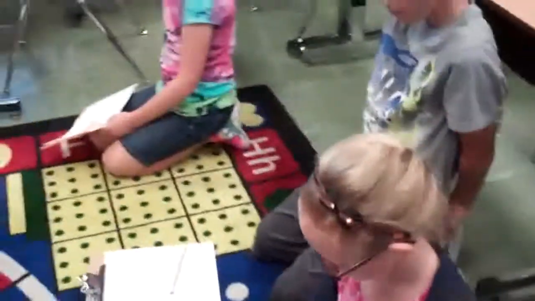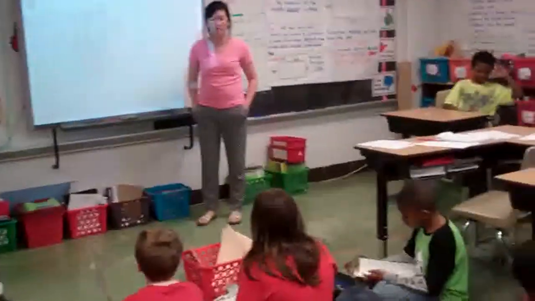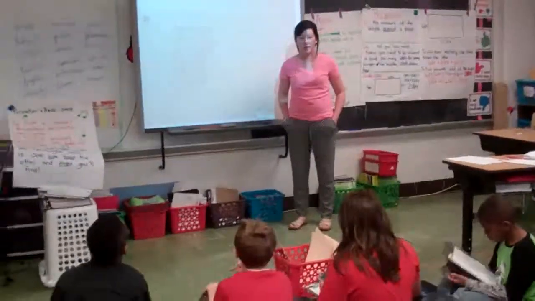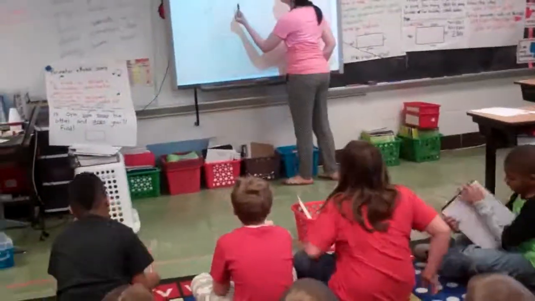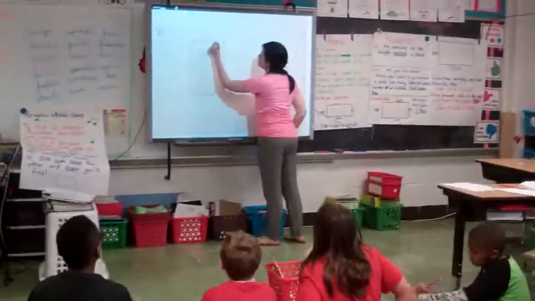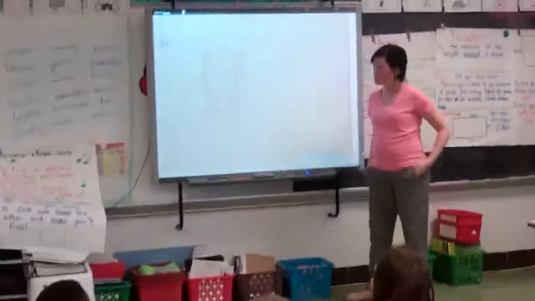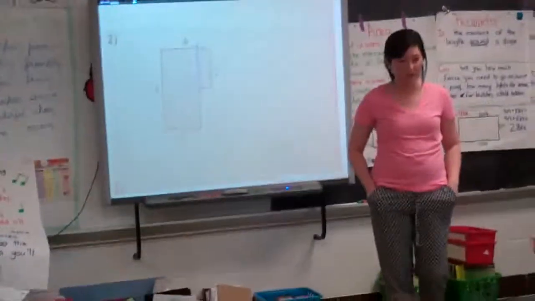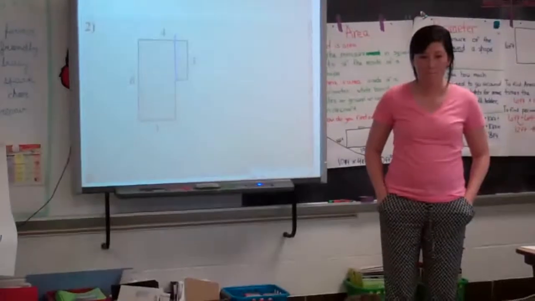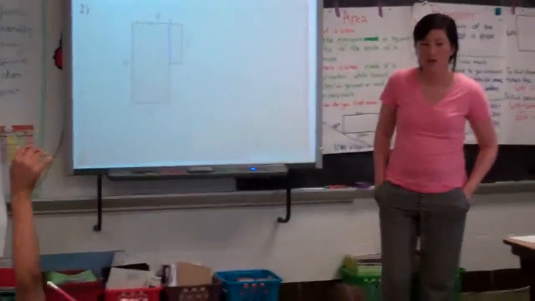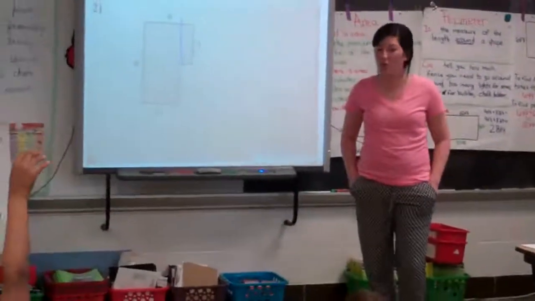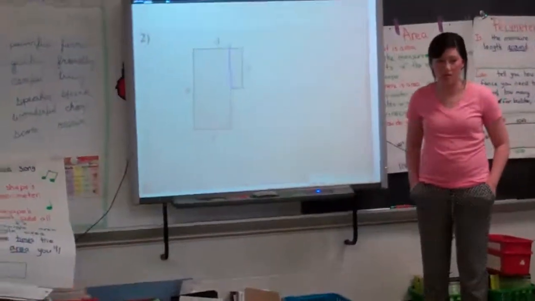So I have some people, look up here. Look. Jaden. I had a couple of you do this. That's not it. Is that the easiest way to do that? No. Why not? Hey, Sean, why wouldn't we want to do it that way?